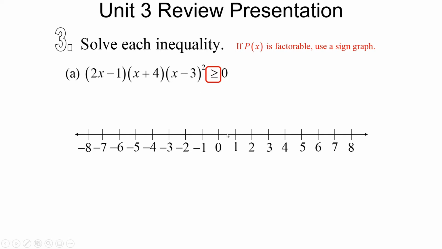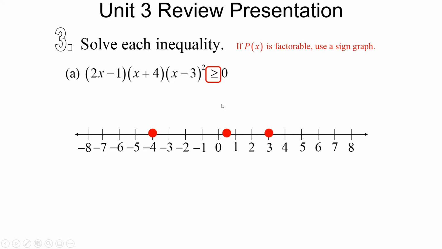There's an equals there, solid dot. Okay, and then the factor of x plus 4 gives me a 0 or a root of -4. And the factor of x minus 3 gives me a 0 or root of 3. And let's not forget that's going to be a double root because that x minus 3 is being squared. We'll get there in a second though.